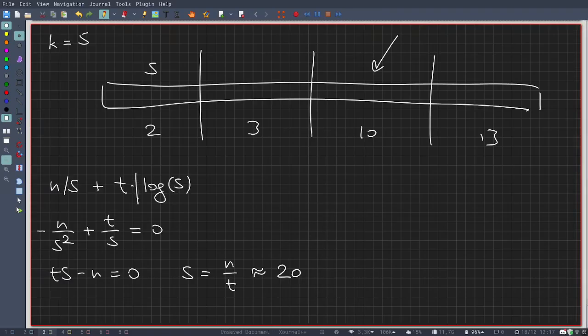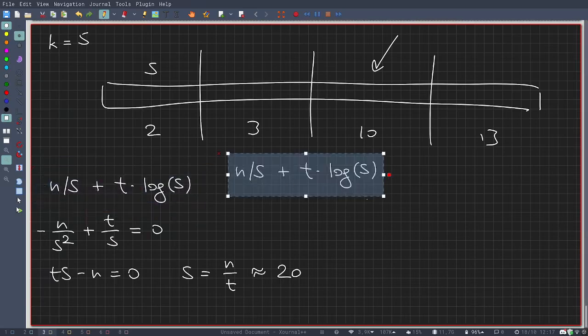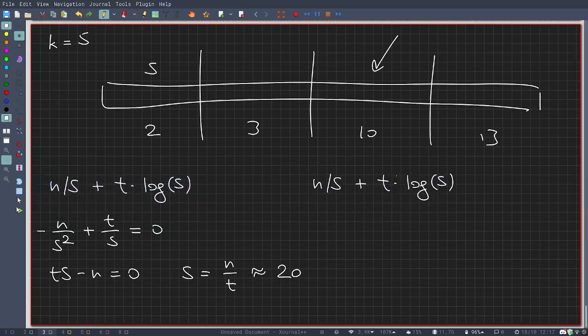Okay, in practice you have the ceiling here. So you can choose s equals 32. Does it work? Let's try.